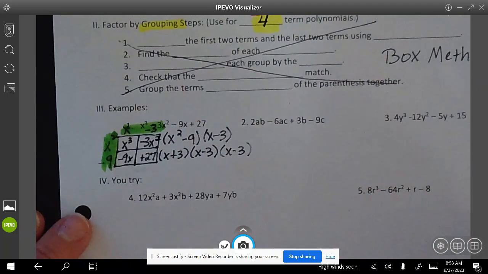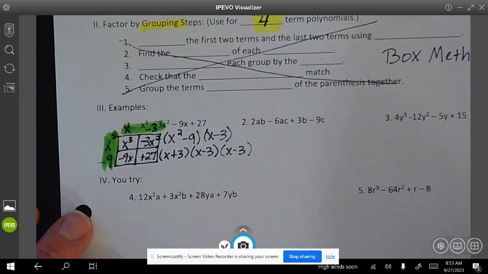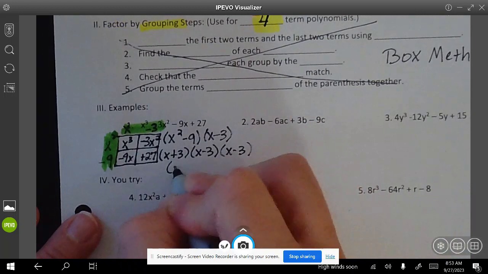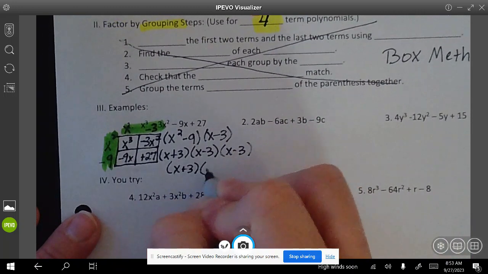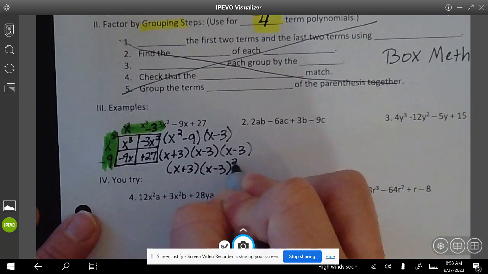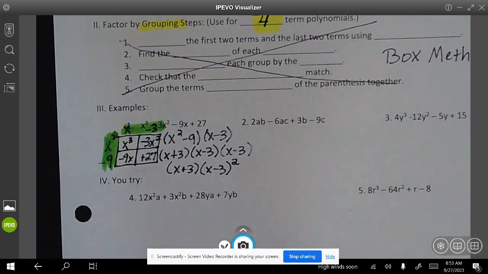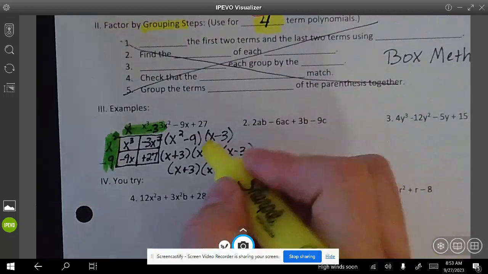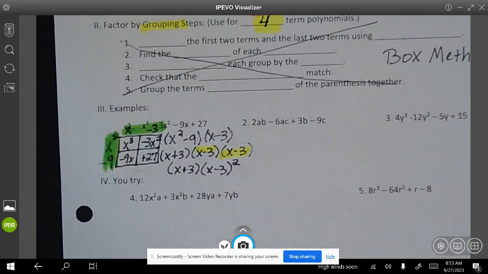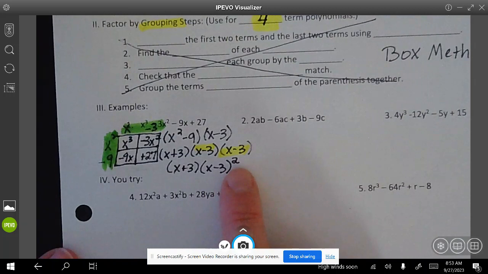If you were on some form of a standardized test, the way that they would write this is x plus 3 times x minus 3, and then they would square it. The reason is that you have x minus 3 that appears twice. Since it appears twice, they write it down once and put that exponent of 2 up there.